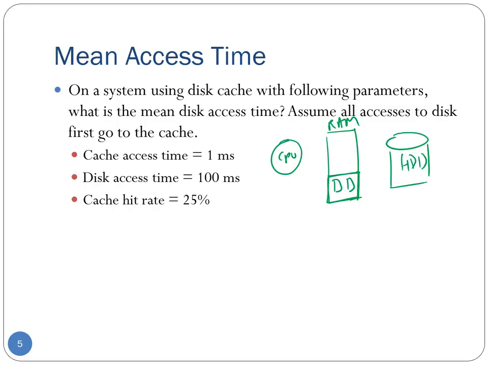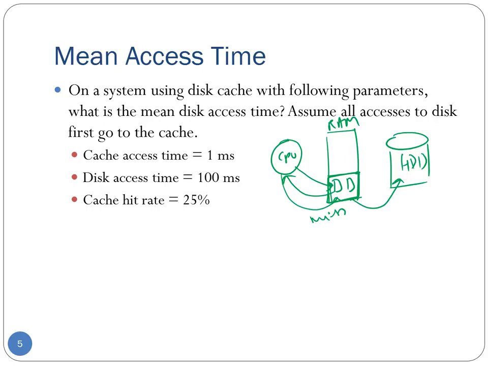Now whenever the CPU wants to get some data, it will first check this RAM cache. If the data is found here, it will be returned from here. There is no need for the CPU to go read the hard disk. However, if there is a miss in this cache, only then does the CPU need to go and access the hard disk.